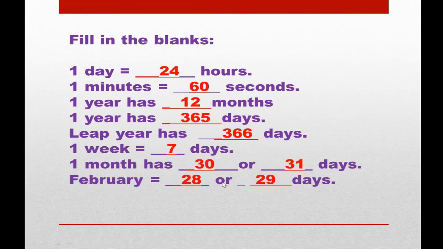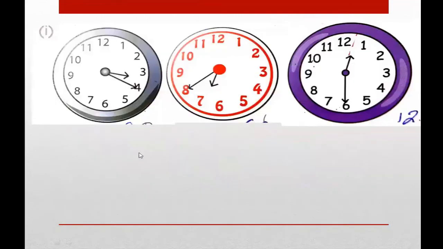The month of February has 28 or sometimes 29 days. So this is just an outline. You should know this whenever you learn about time. That's why we teach everyone how many minutes, days and years there are.